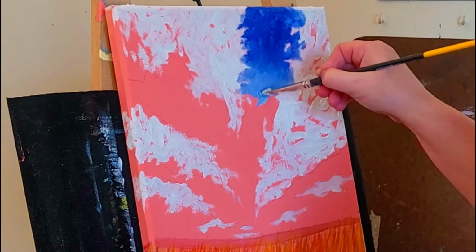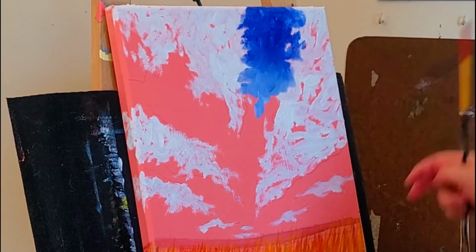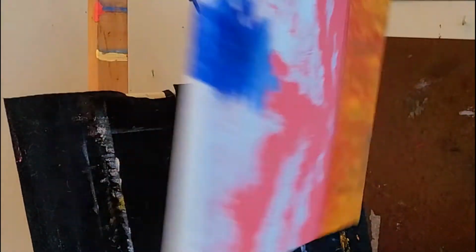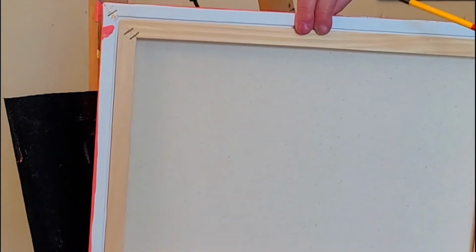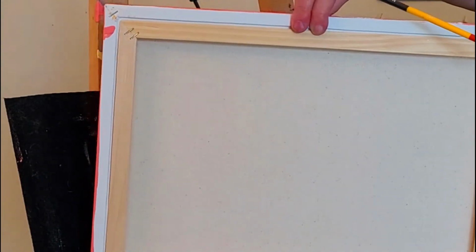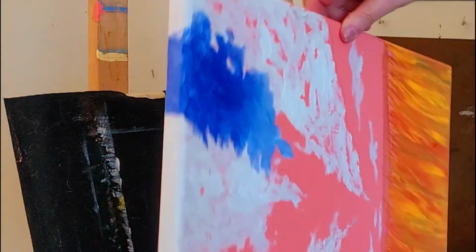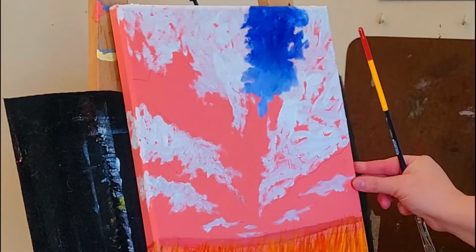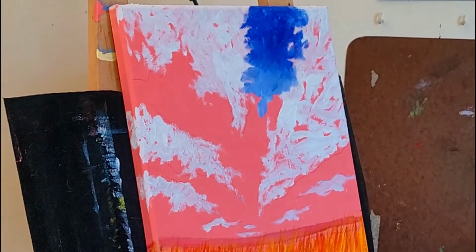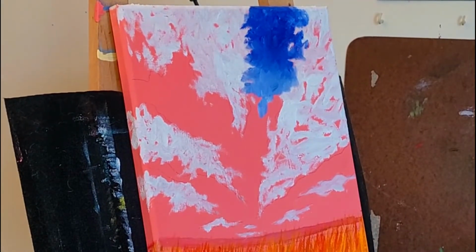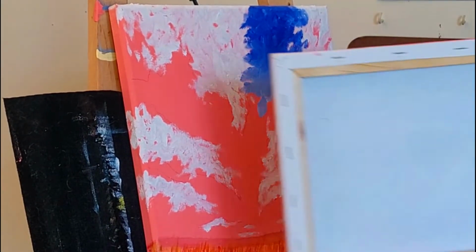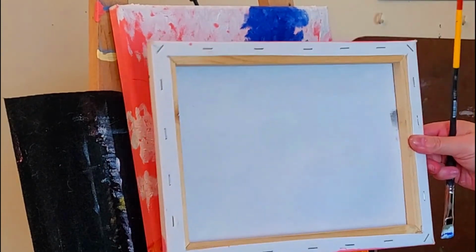Although I do prefer, as I showed you this one here, see how the canvas itself is tucked in, all nice and neat, rather than one that is stapled like this. Now there's nothing wrong with these.